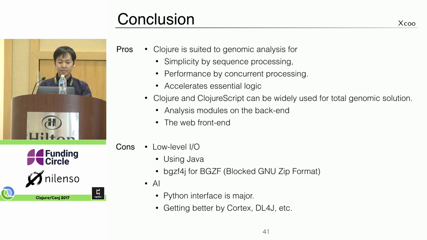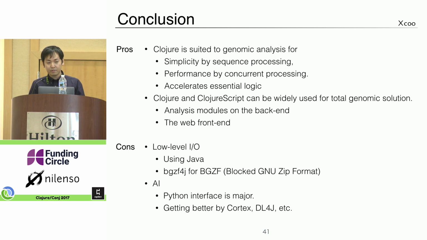Another pro is that ClojureScript and the ecosystem are very general. Our solution, Clovis, uses Clojure everywhere, from analysis modules on the backend to the visualization on the web front end.